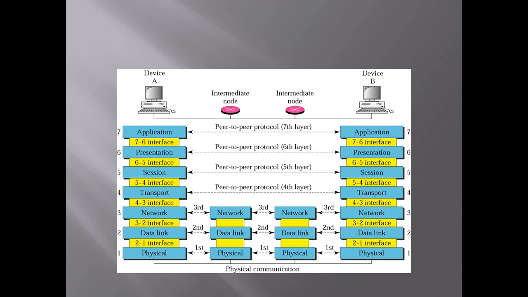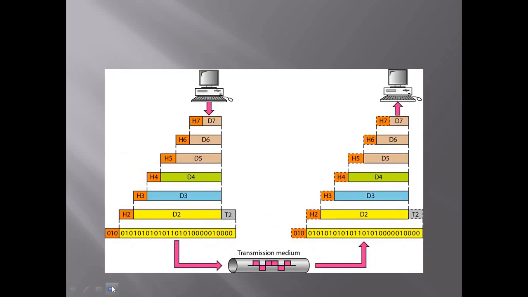When device A wants to send some data, it goes from the application layer and travels down through all the different layers, and the physical layer is involved in the transmission of the data. This data is received at device B's physical layer, and it travels up and is received at the application layer. You can see that when device A and device B transmit data, a header is added at each layer.